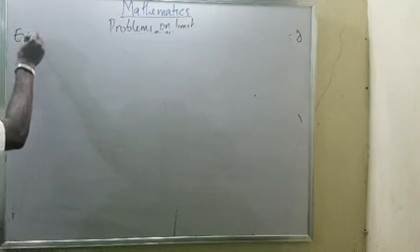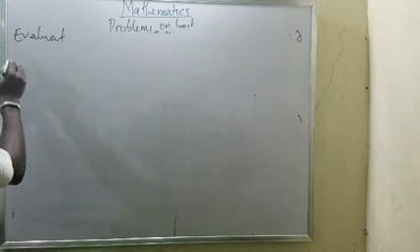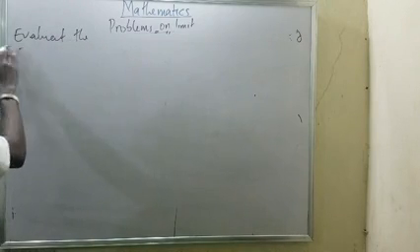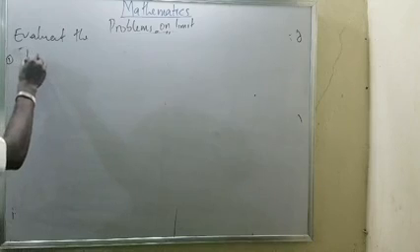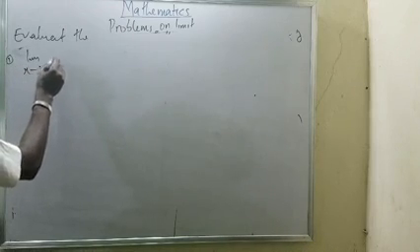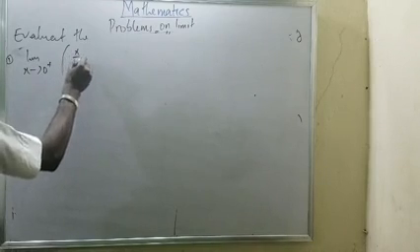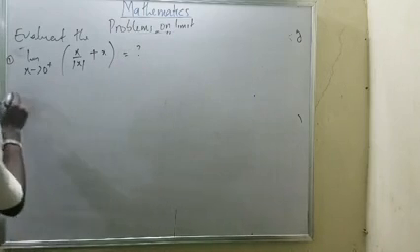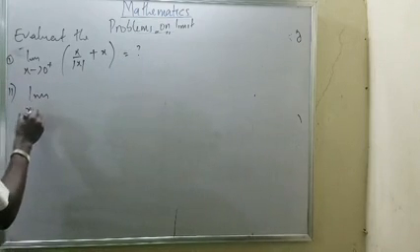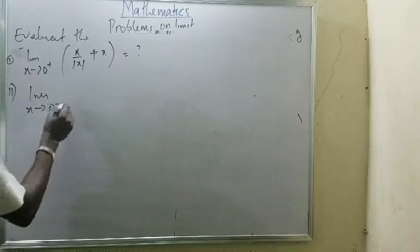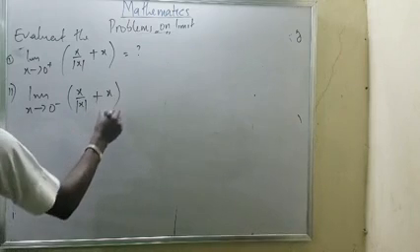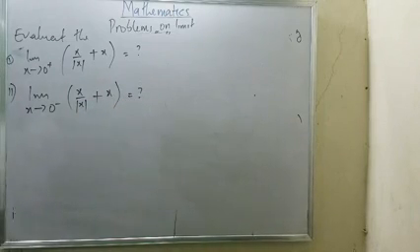Okay, evaluate the following. 1: the limit as x tends to 0 positive of x over the absolute value of x plus x, which is equal to, we don't know it yet. And 2: the limit as x tends to 0 negative of x over the absolute value of x plus x, which we also don't know. Now, we have this type of problem to work on.